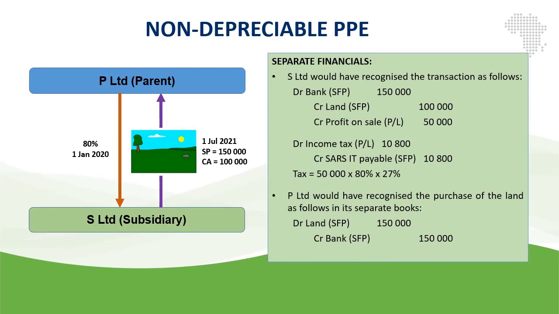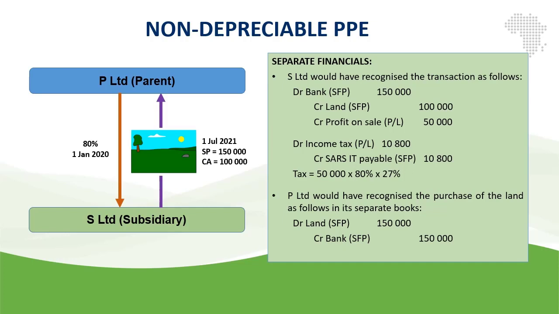So in the books of the subsidiary, S Limited debited bank with 150,000 because that's the amount that they received for the sale of the land. They then credited land with 100,000 to de-recognize it, and they credited profit on sale of 50,000, being the difference between the selling price and the carrying amount of the land.